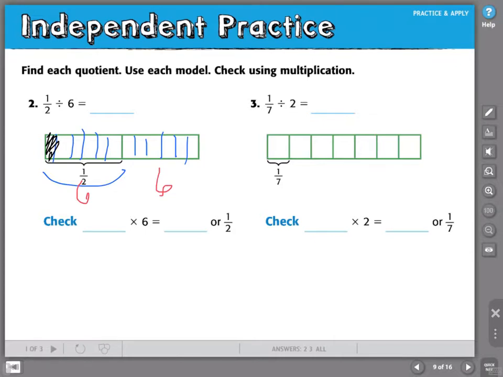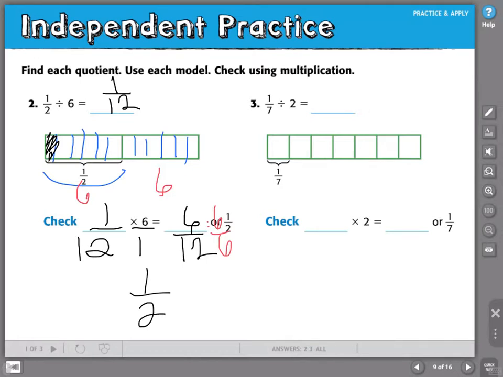One of these pieces represents 1/12. Now I can check my work with 1/12 times 6. Write my 6 over 1, and I get 6/12. When I simplify 6/12, dividing both my numerator and my denominator by 6, my simplest form is 1/2. So using multiplication helped me check my answer.